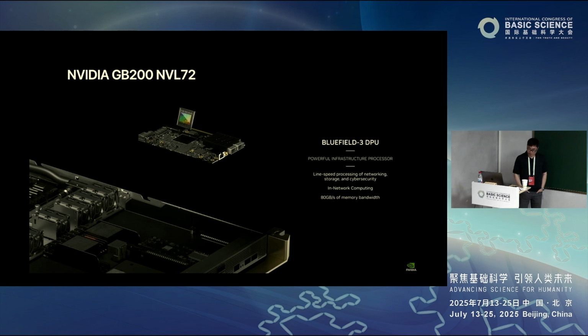And they are actually deployed, right? This is a slide from NVIDIA. It's one of their most recent GPU cluster designs. They use the most recent DPU from NVIDIA, called BlueField 3, as a NIC to optimize the data movement across GPU servers.